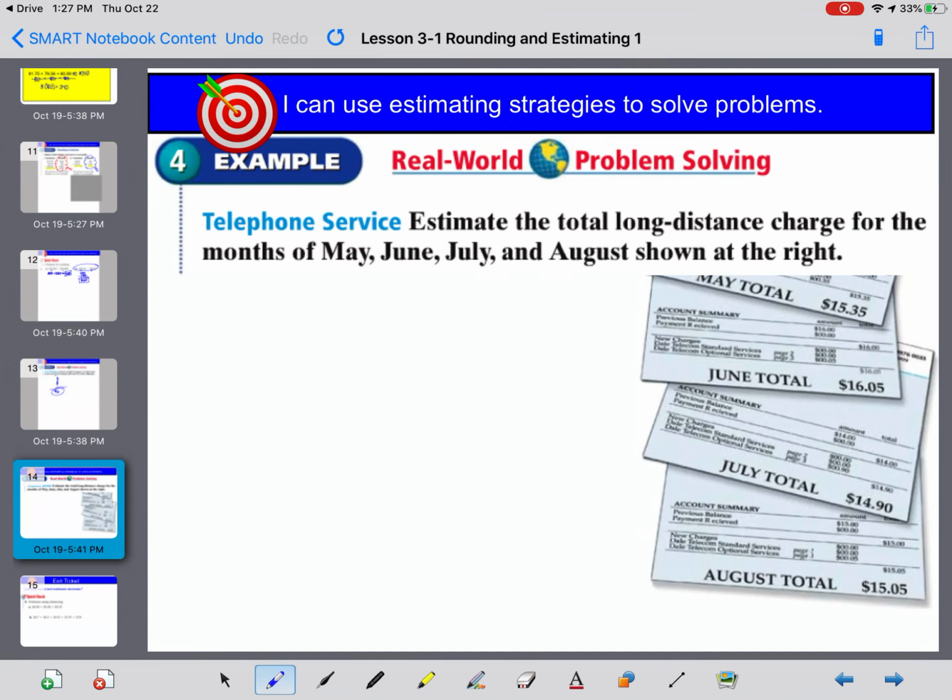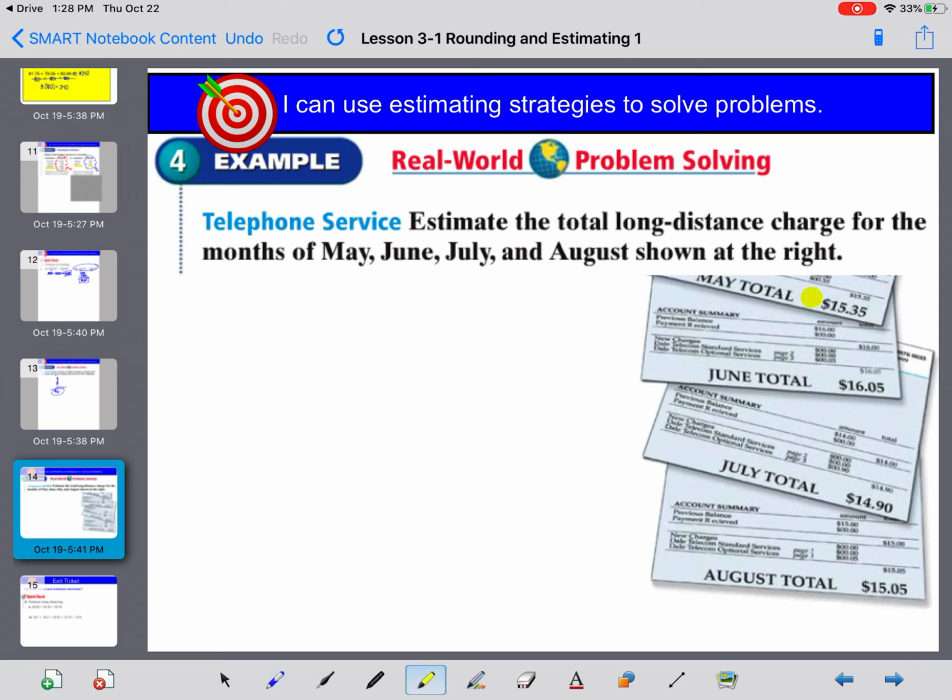All right, here's another example of real-world estimating. Estimate the total long-distance charge for the months of May, June, July, and August shown at the right. Now, my cell phone bill, or long-distance bill, is relatively close in value every month.